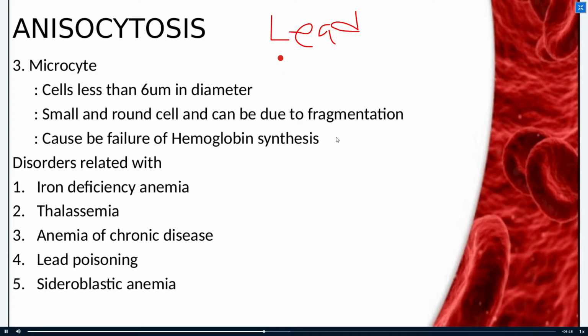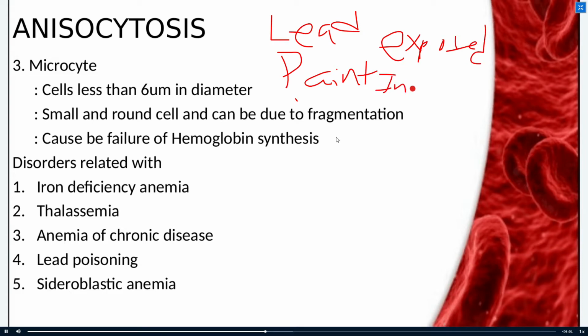Okay, good. Another reason is paint. Kala ko ingestion of paint. So you could get it if you're constantly exposed to it by inhalation. Ingestion of paint particles, yes, as well pwede.